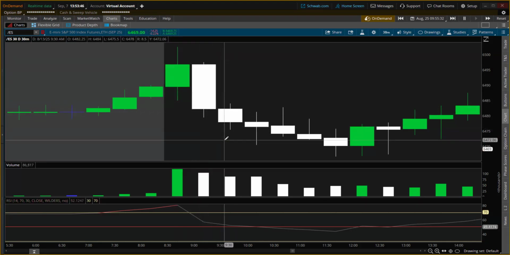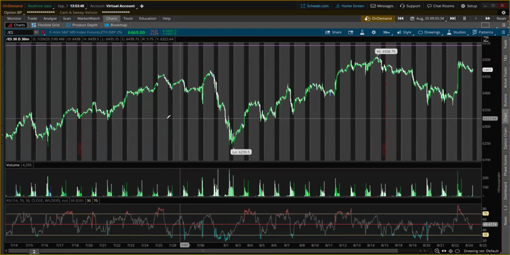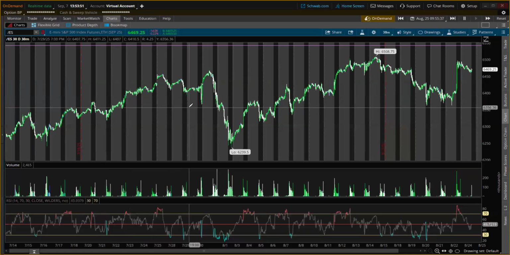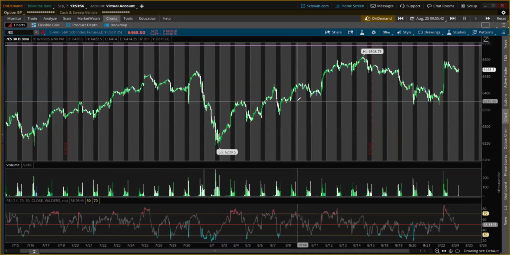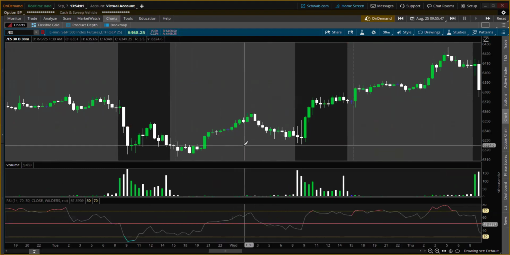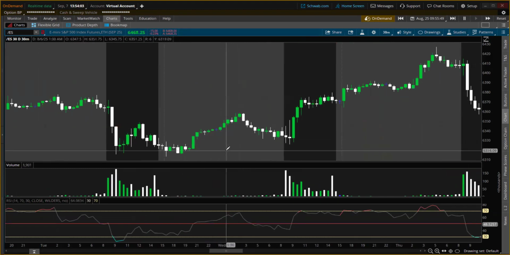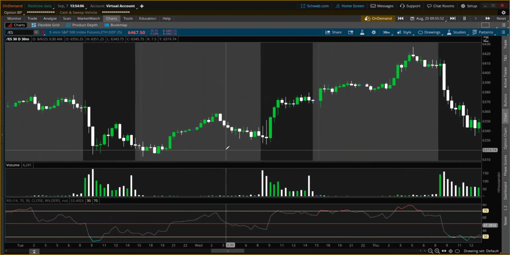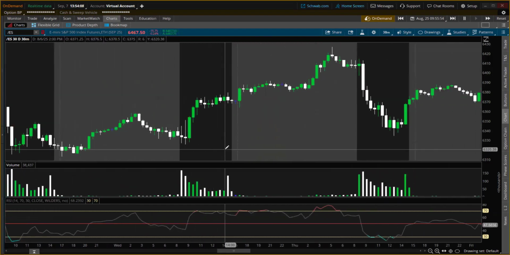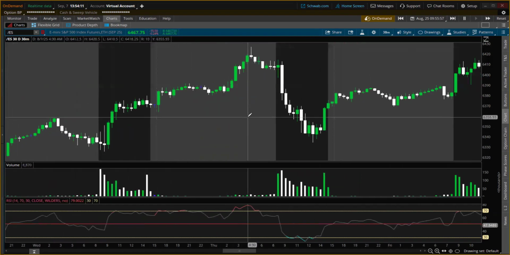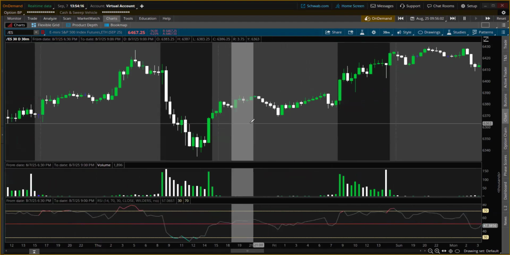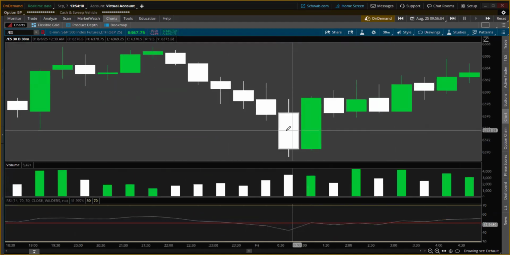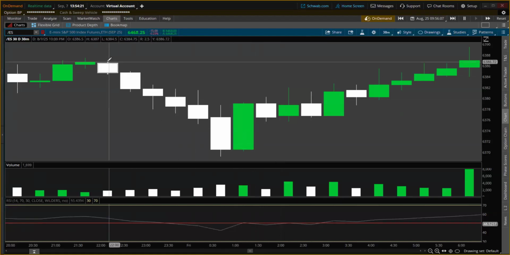So let me find another one going the opposite way. And I'm looking at the 30-minute chart because it's usually easier to find them on a higher time frame. All right. We found a good bullish engulfing that represents what I want to show you. That's a straight breakout reversal right here. Right here, this is another example.